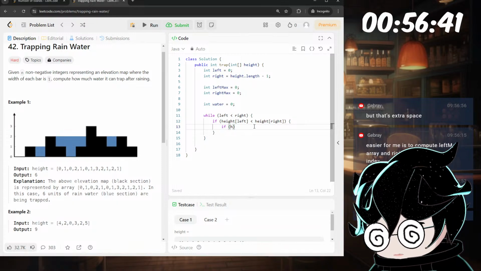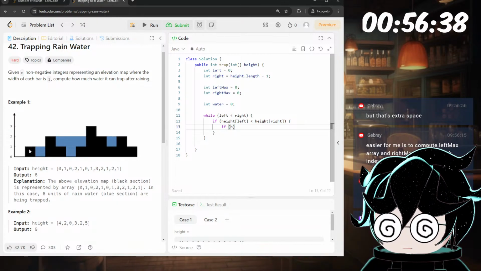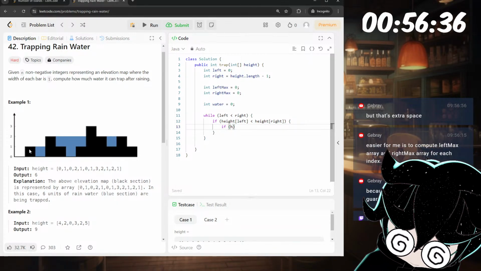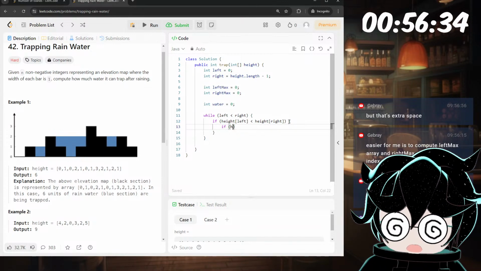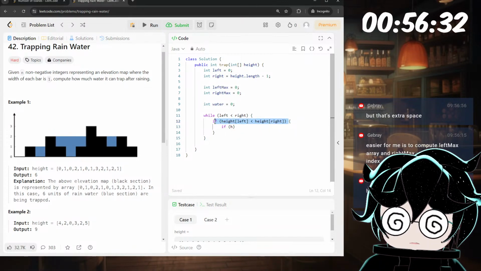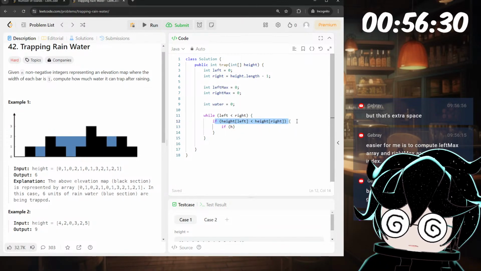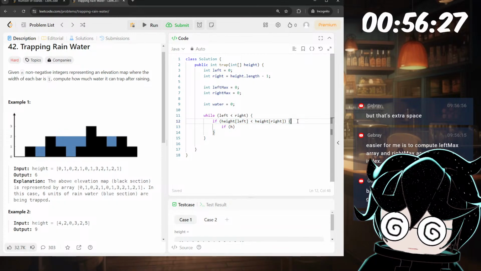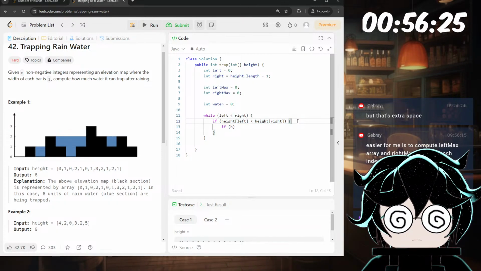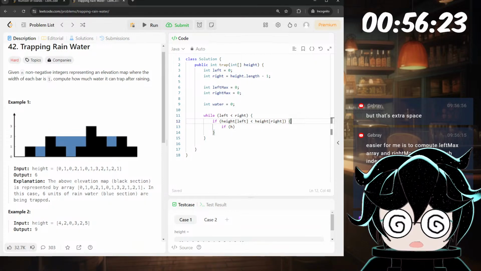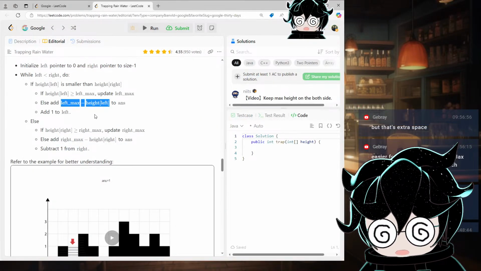What do we do here? Should we do this based on the max heights? Wait, let me take one more peek. I'm confused.